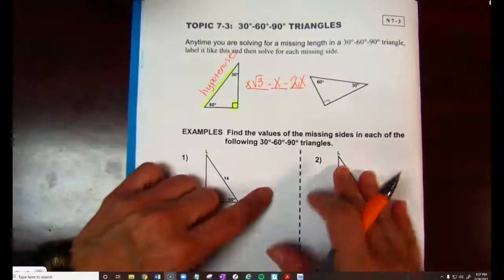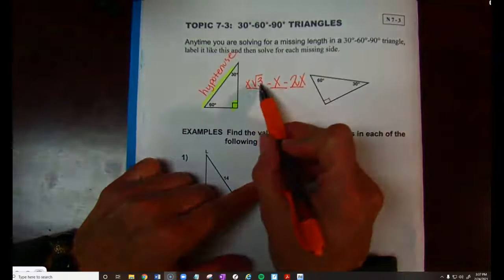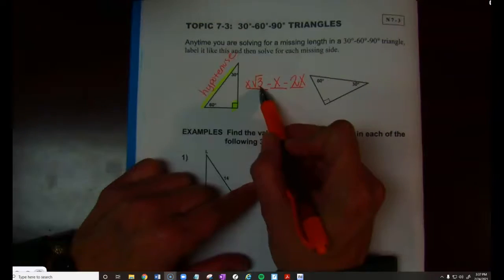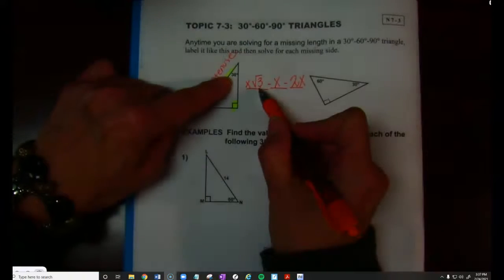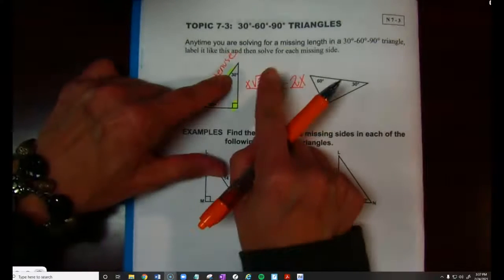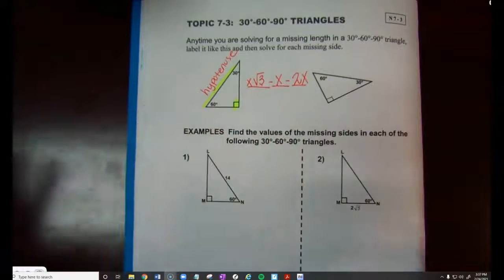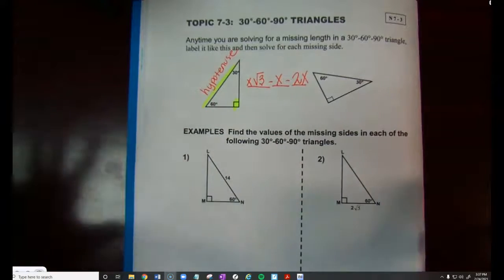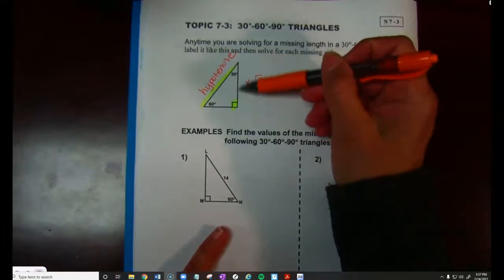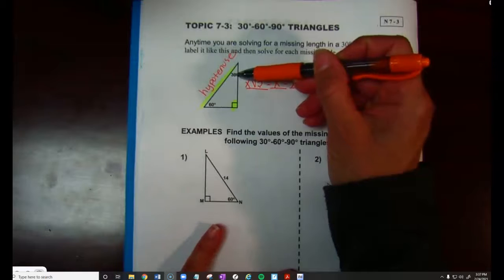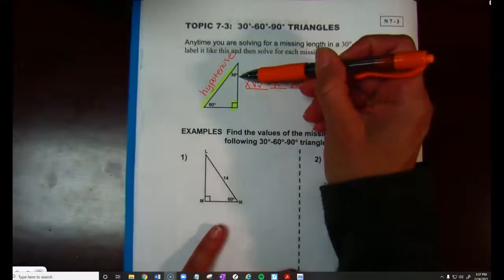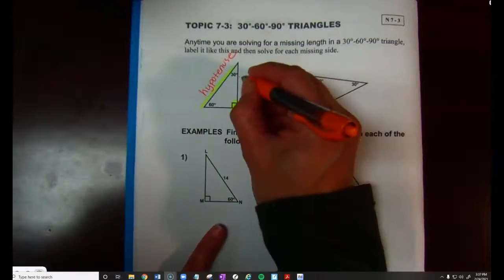There we go. So I remember that a root 3 symbol is always going to be involved in a 30-60-90. That starts with a 3, so I know a root 3 is going to be here somewhere. So how is this going to work? Pretty easy. The side that has the root 3 with it is going to be the side that has the 30-degree angle.